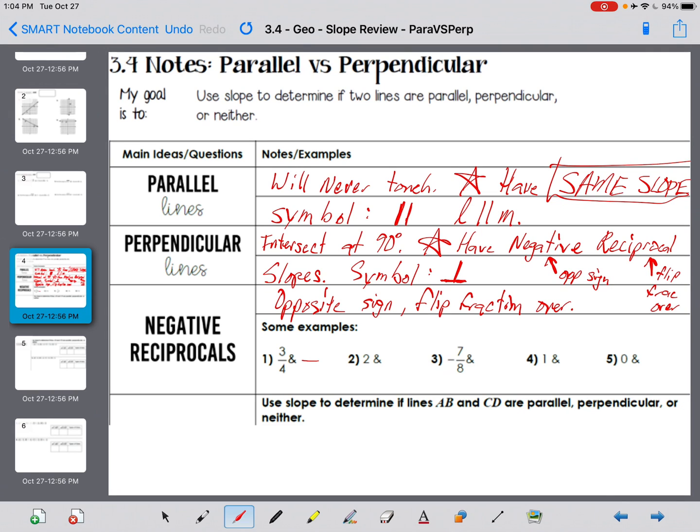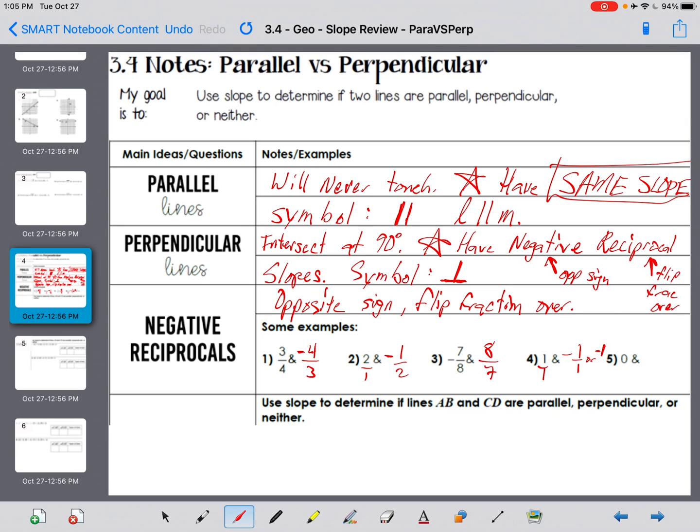The negative reciprocal of 3/4, well, it was positive, we have to make it negative, and then we flip it over. 4 on top, 3 on bottom. Now, whole numbers are tricky, but remember, you can always just throw in a 1 under there. It was positive, now it's going to be negative, 1 on top, 2 on bottom. Negative 7/8, and then we just have to flip it over, 8 over 7, and make it positive. 1 is 1 over 1, so it becomes 1 over 1, or just a negative 1. Whenever it's 1, it just changes sign.